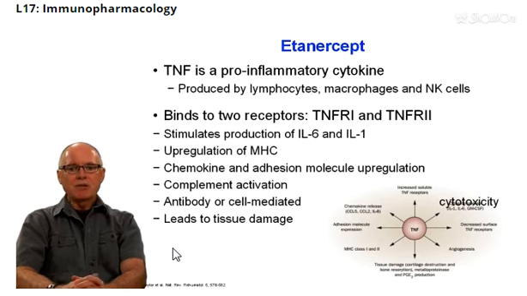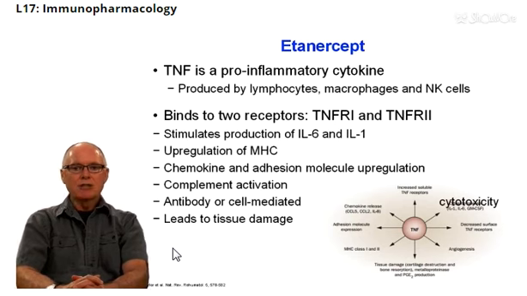Binding of TNF to its receptors causes an extensive inflammatory response that includes the production of IL-6 and IL-1, upregulation of major histocompatibility complexes, chemokine release, and upregulation of adhesion molecules that are involved in leukocyte activation and migration. All of these processes lead to complement activation and antibody-mediated or cell-mediated cytotoxicity, which can lead to inflammation and tissue damage.